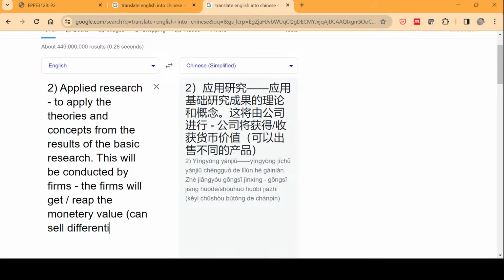That's the word in economics. Differentiated, different from other products. Because using the technology, using the result of the applied research, put into the products, and the product will sell.